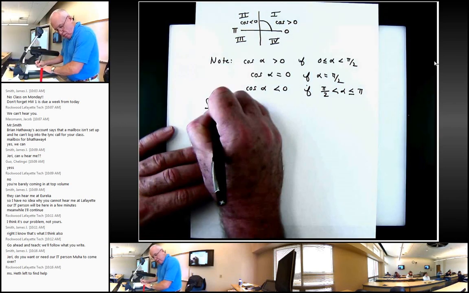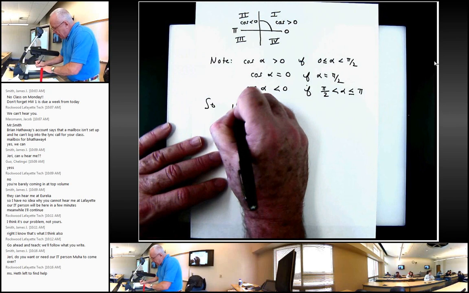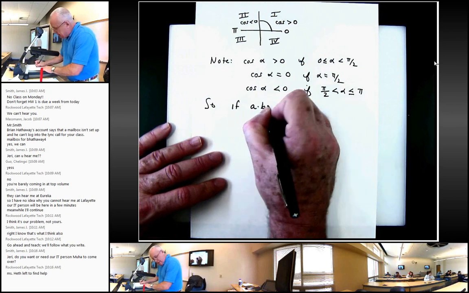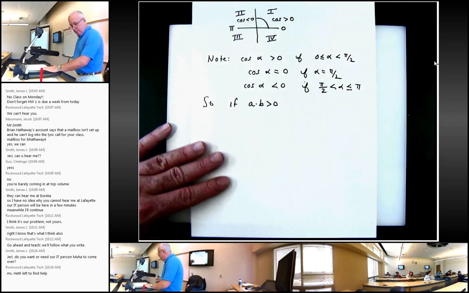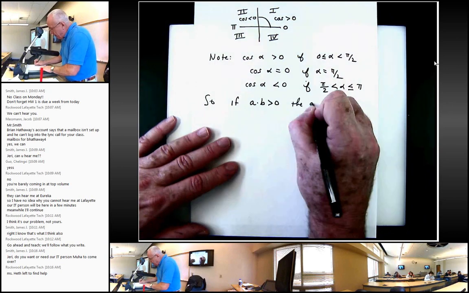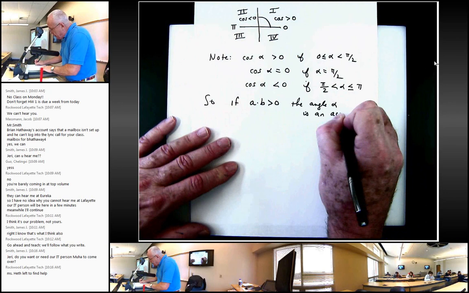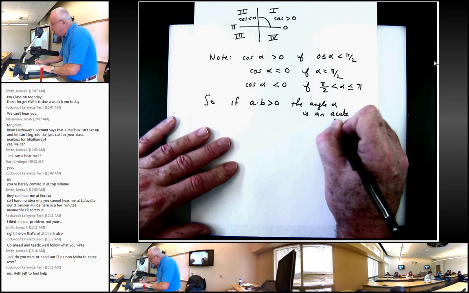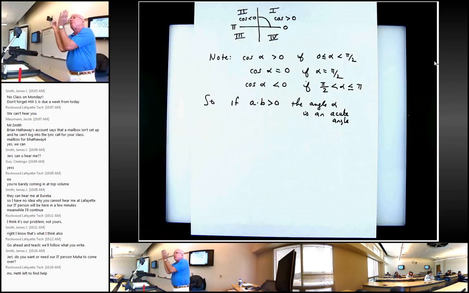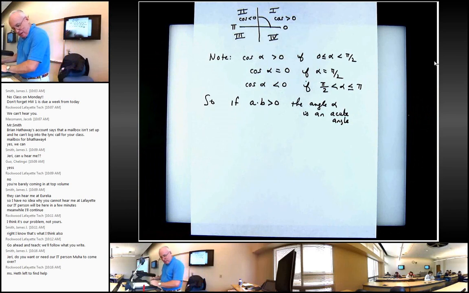So therefore, if A dot B is bigger than 0, the angle theta is an acute angle. Remember that from geometry. An acute angle is something that's less than 90 degrees, okay?